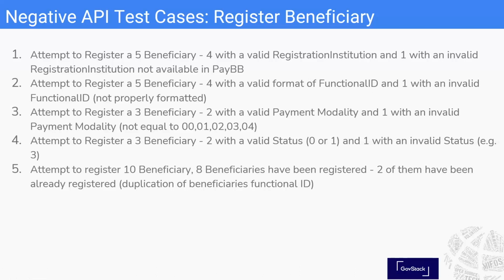Again, for the payment modalities, 2 could be valid, 1 would be an invalid payment modality. Again, this depends upon which modalities are allowed in the system, which have been configured and which have not. So these are some of the negative test cases that could be loaded into the test plan when the implementers are trying to test the functionality of register beneficiary.